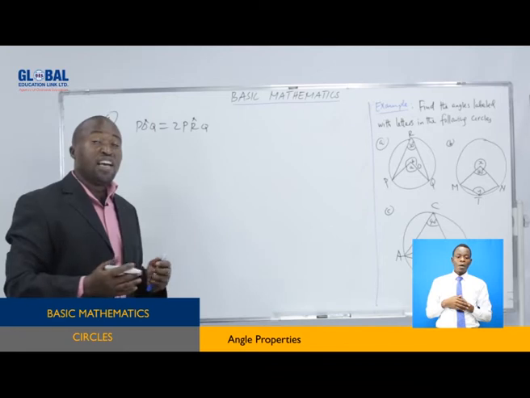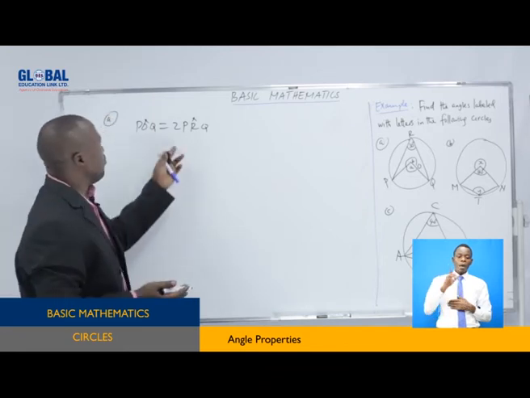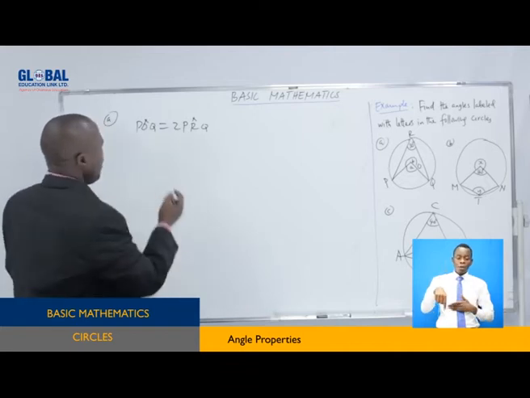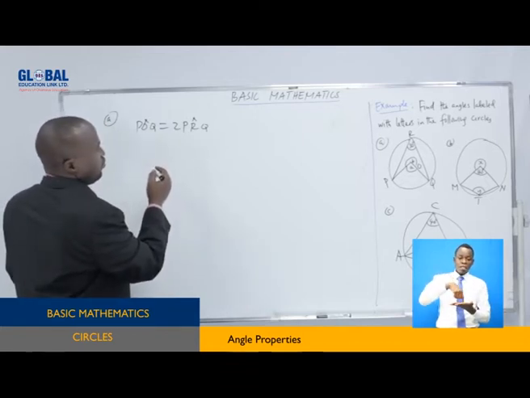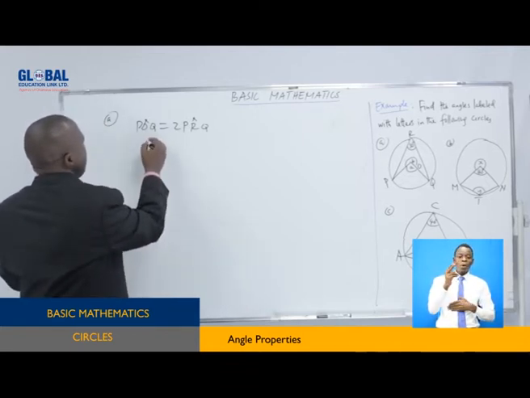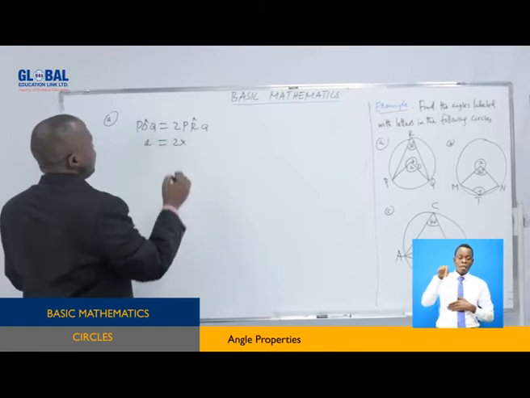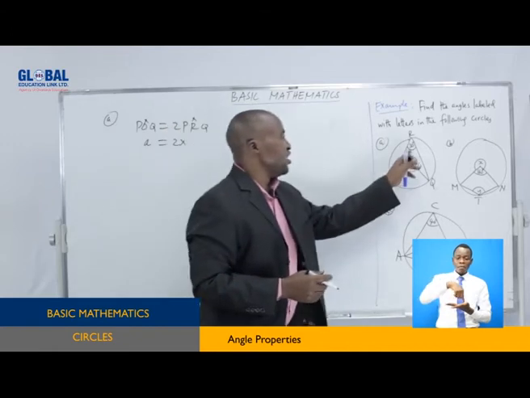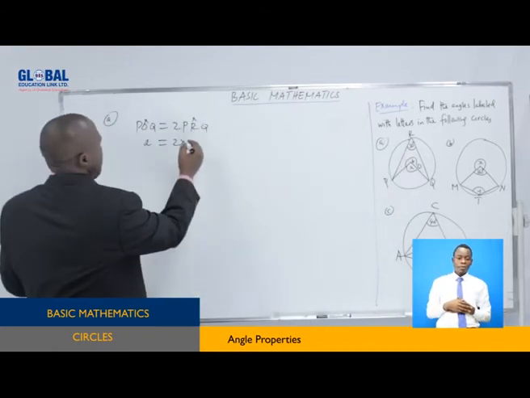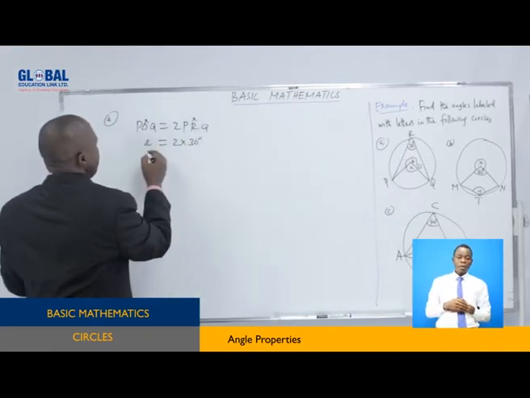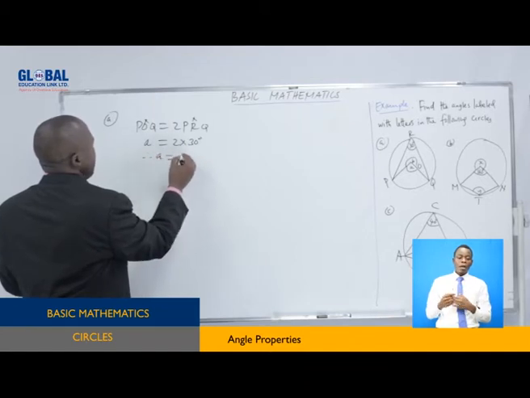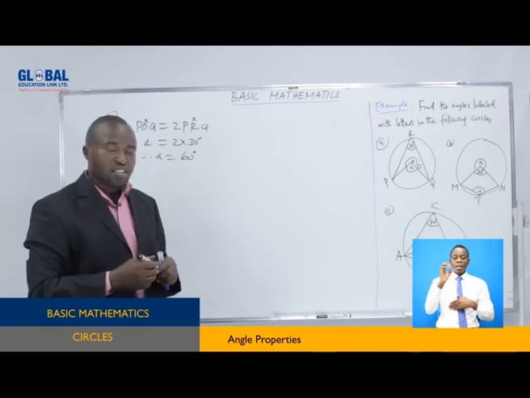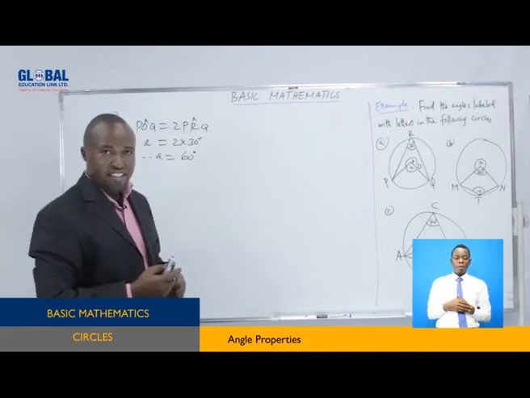That is, POQ is the angle at the center of the circle, while PRQ is the angle at the circumference. Therefore, POQ is the same as A. That is A is equal to 2 times PRQ. In that case, PRQ is equal to 30 degrees, so we multiply by 30 degrees. Therefore, A is equal to 60 degrees. So that is for angle A.